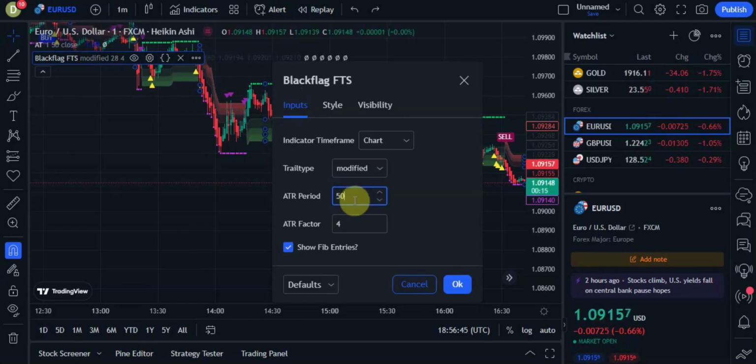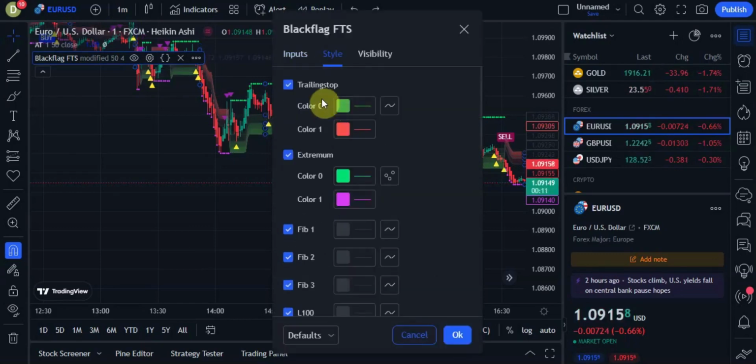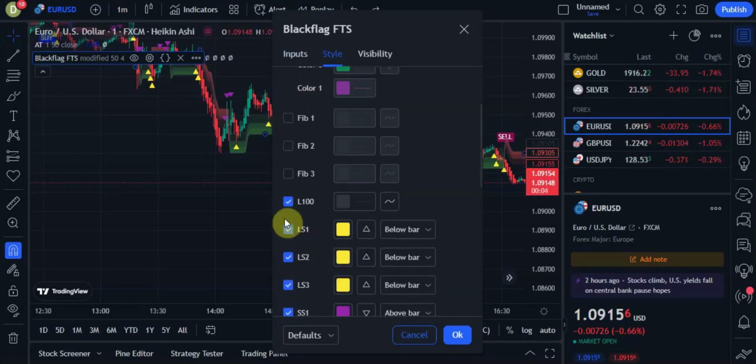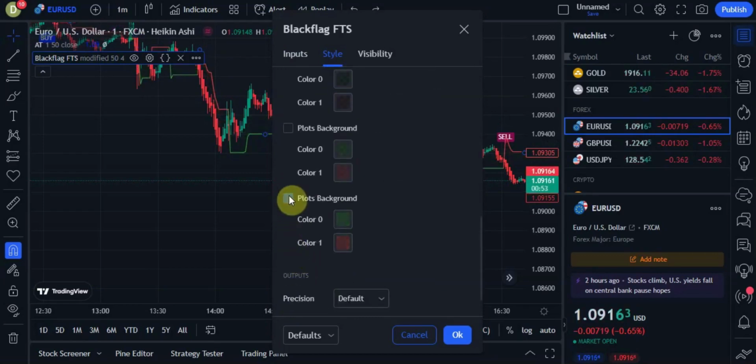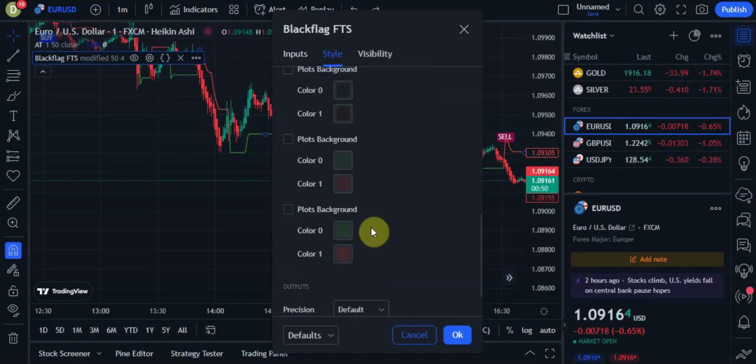And then we're going to just go to style, and we'll leave the trailing stop checked, but we're just going to uncheck all the other boxes below, okay? And then hit OK.